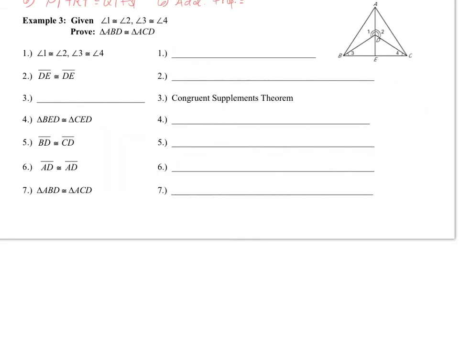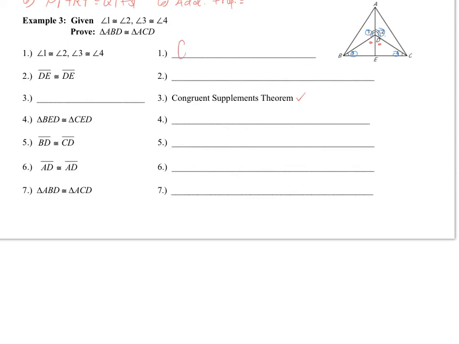For example 3, we are given that angle 1 is congruent to angle 2, and that angle 3 is congruent to angle 4. And we want to prove that triangle ABD is congruent to triangle ACD. Okay, first of all, because angle 1 is congruent to angle 2, we can conclude that these two angles are congruent by the congruent supplements theorem.